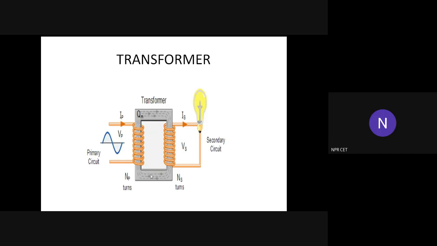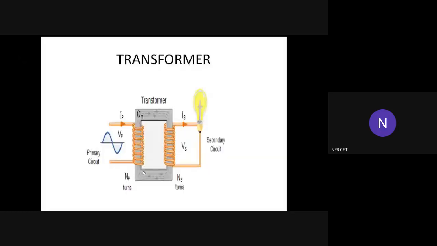So the magnetic circuit has two losses: one is eddy current loss and the other is hysteresis loss. For the purpose of reducing these magnetic losses, especially eddy current loss, the cores are laminated here, right?